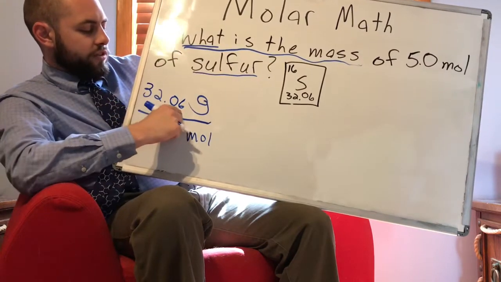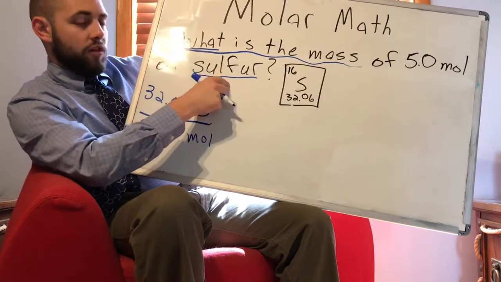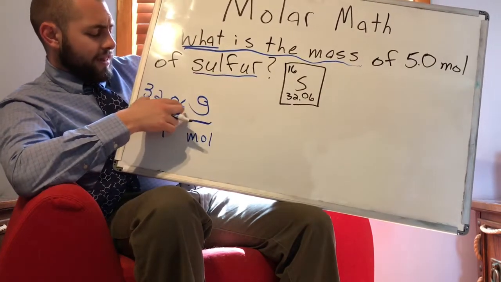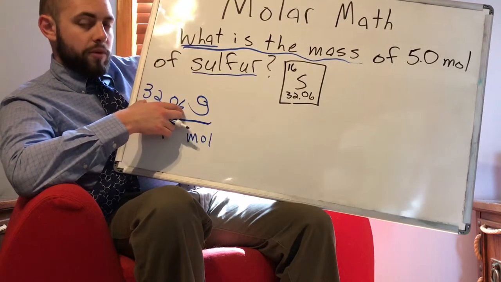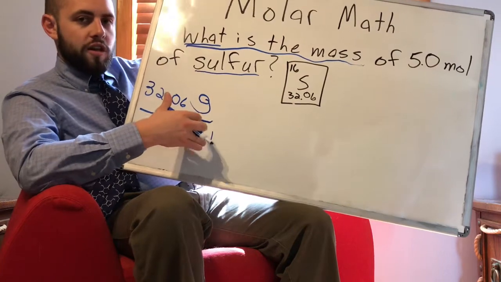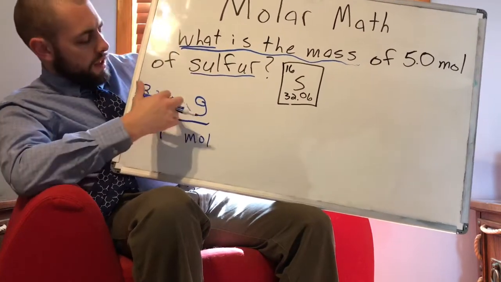There are 32.06 grams in 1 mole of sulfur. So you can get this number straight from the periodic table. You want to change the units to make sure that you're on the macroscopic scale and not the microscopic scale.